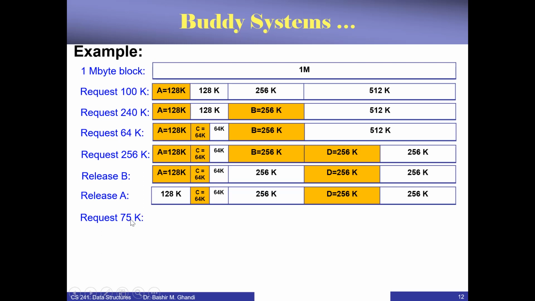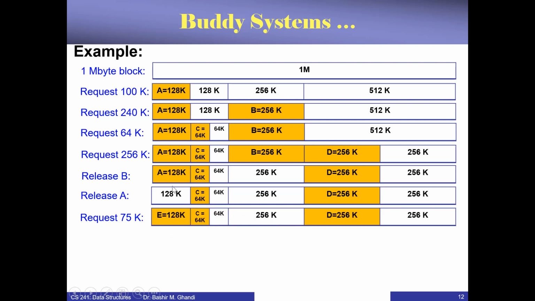The request was only for 75, but just because 75 is slightly more than 64, we have to allocate almost double the size, which is 128. So a huge internal fragmentation here. That program will never need more than 75, which is why it made this request, but we are allocating it 128. So we allocate 128, we call it E, and in this block, this is the only available one, so we cannot merge to form bigger blocks.